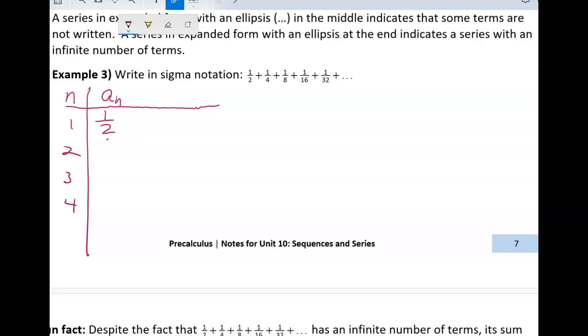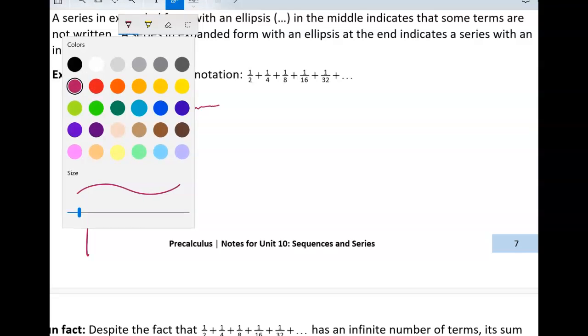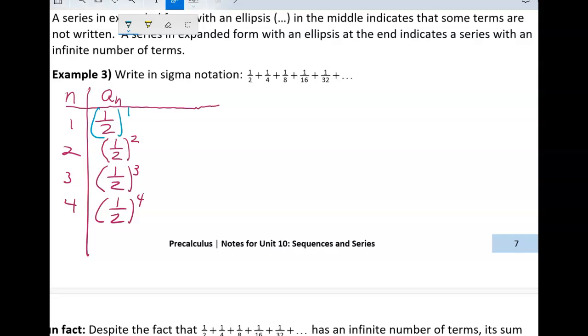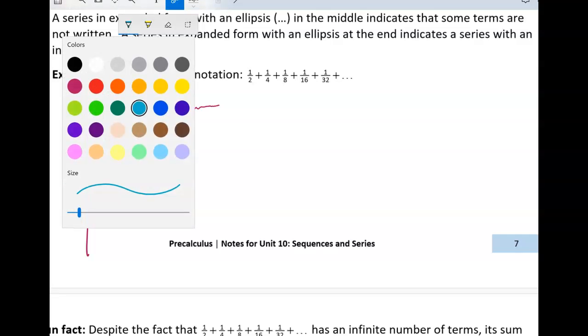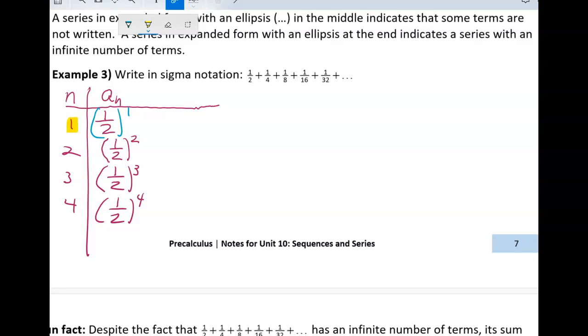So the second term is 1/2 times 1/2, or 1/2 squared. The third term is 1/2 cubed, and the fourth term is 1/2 raised to the 4th power. There's an understood 1st power in that first row of the table. And now let's look at those exponents and compare them to the term numbers. It turns out they are exactly the same as the term numbers.